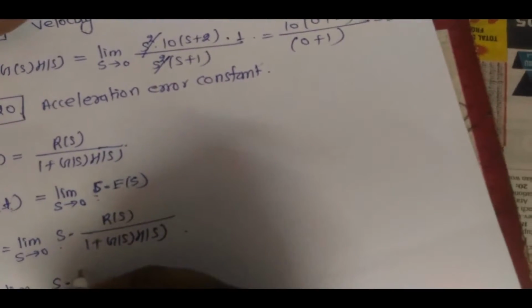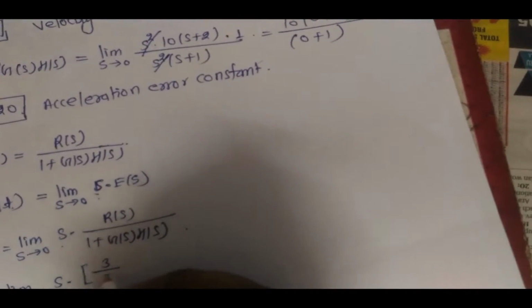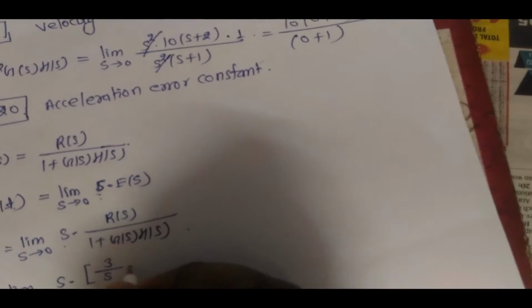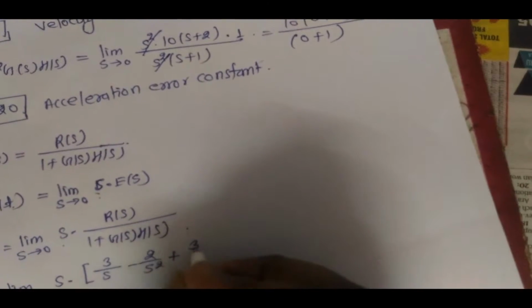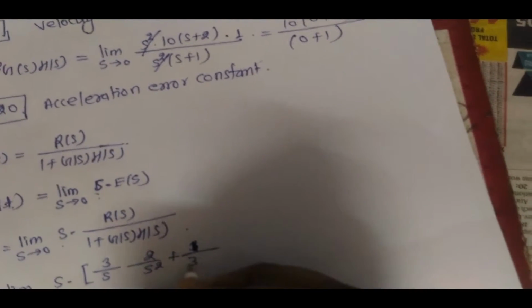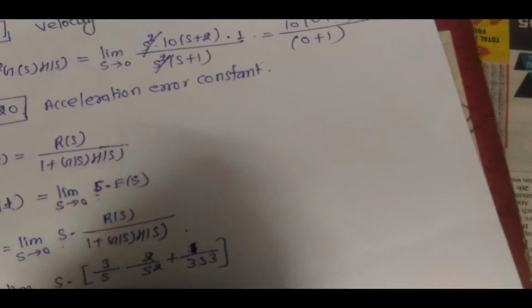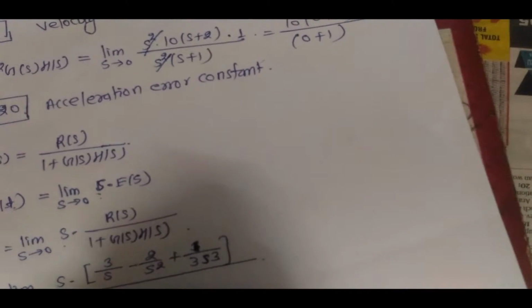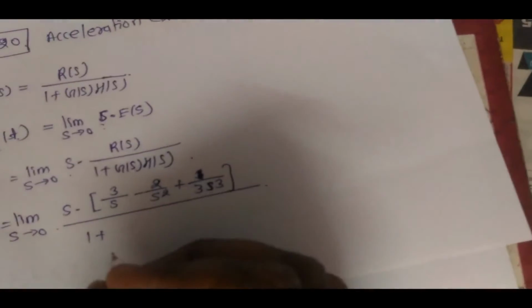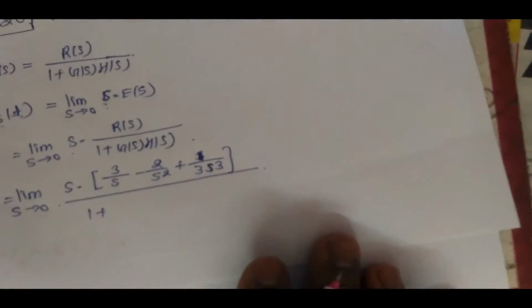R(s) is given as 3 over s minus 2 over s² plus 1 over 3s³. What is G(s)H(s)? Now we have to write the value of G(s) here.